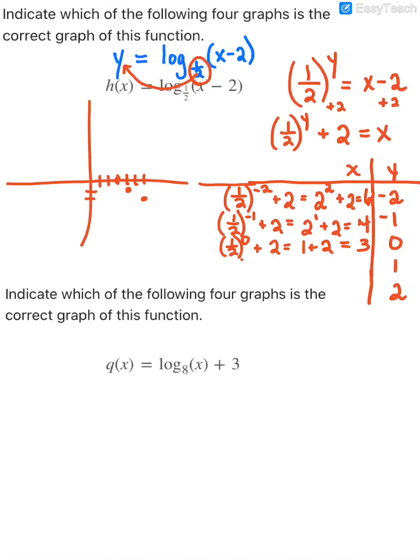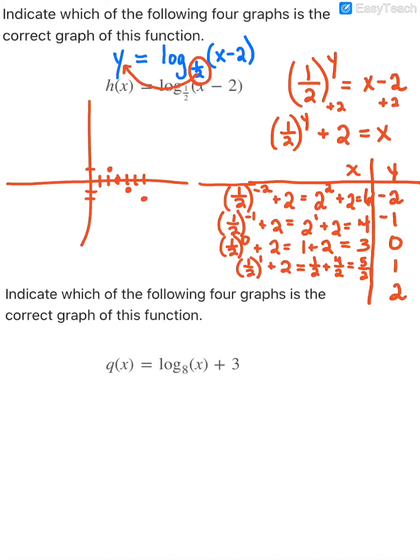When y is 1, I have 1/2 to the first plus 2, and so 1/2 to the first is just a half. When I'm adding 2 and I get a common denominator, that's like saying plus 4 over 2. So you get 5 over 2, which is like 2.5. So that would be my next point there.